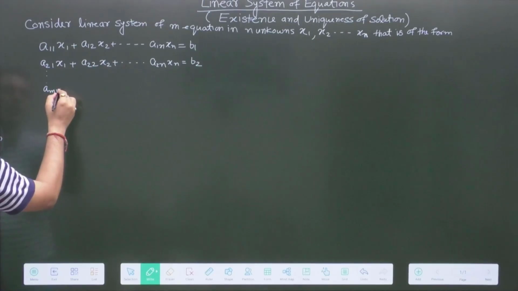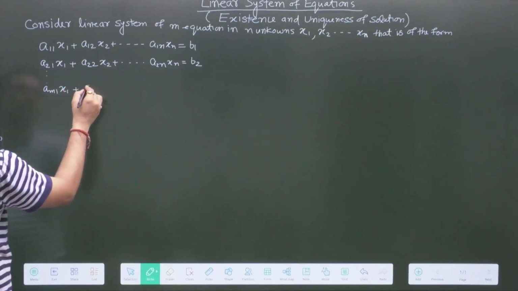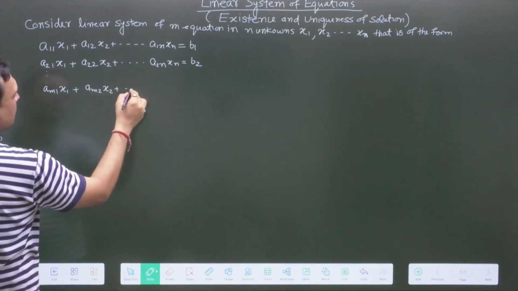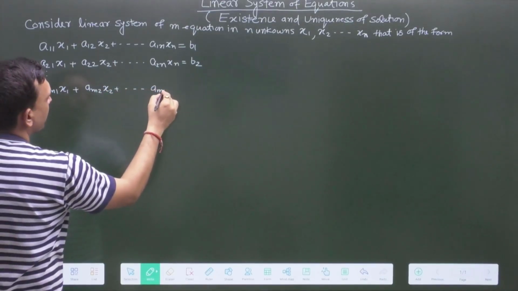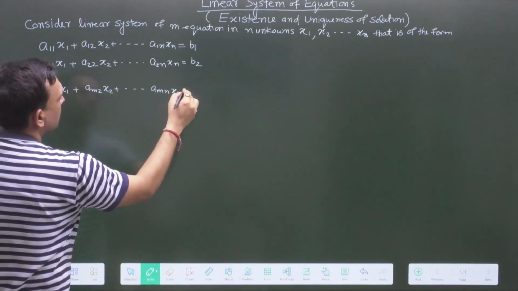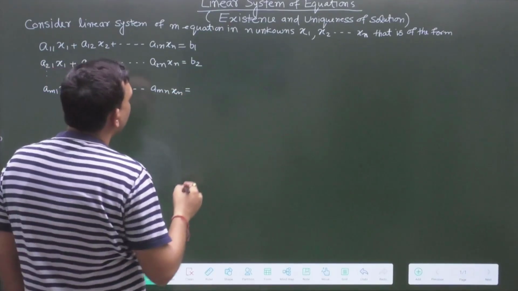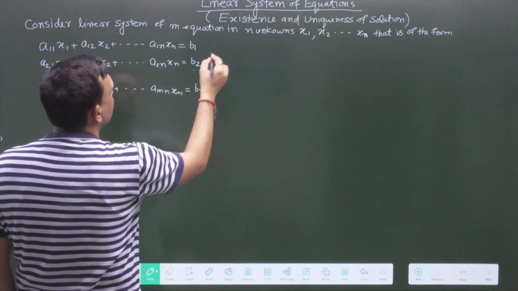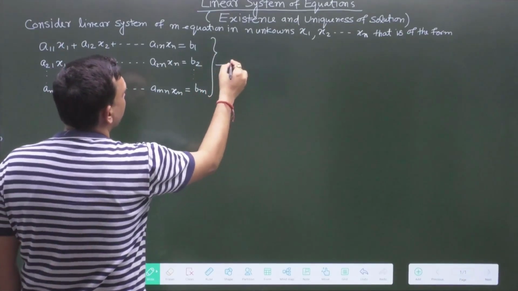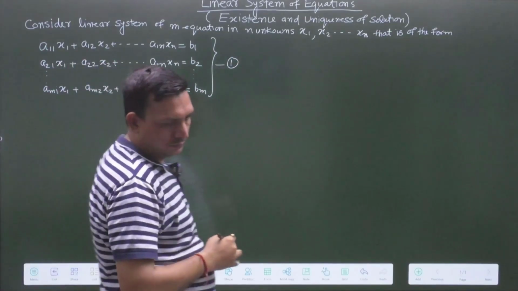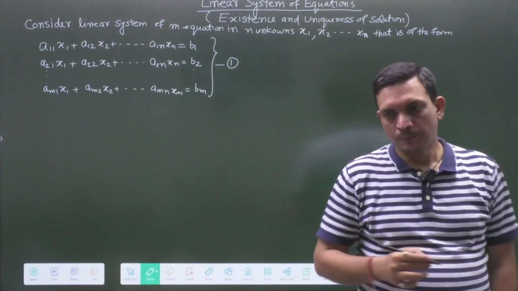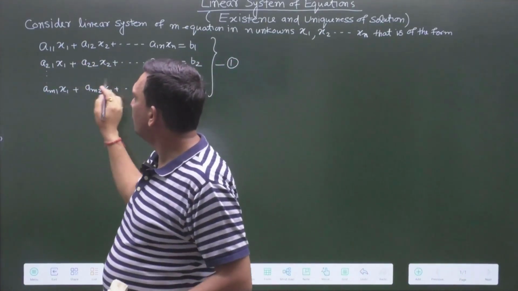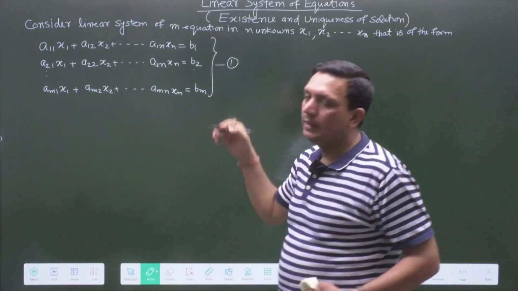This is am1 x1 and so on, and this will be bm. So this is a linear system of m equations and there are n unknowns.